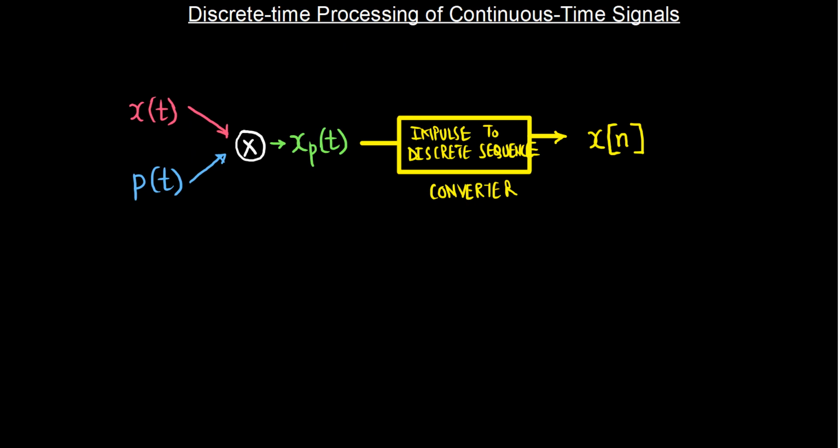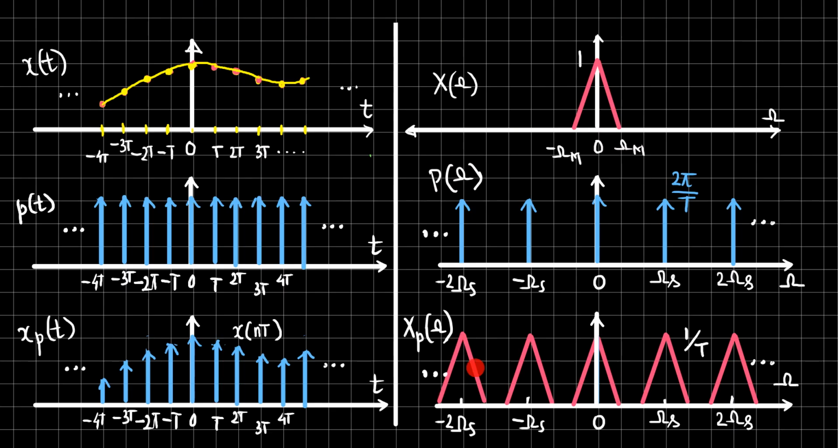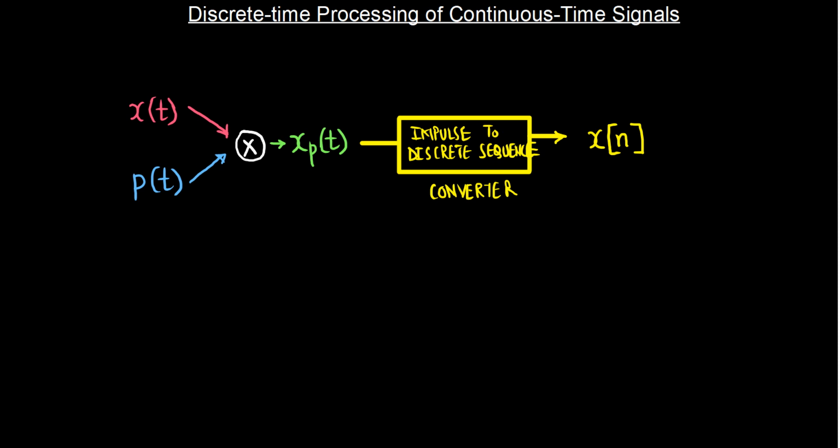Now let's see what is happening in the Fourier domain. This being a continuous time signal, it has the Fourier domain representation as something like this. What is xp of t? Now let's try to write the expression for xp of t. The xp of t is simply the multiplication of x of t with p of t.